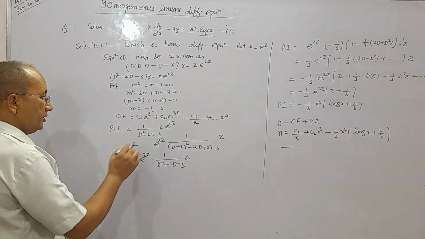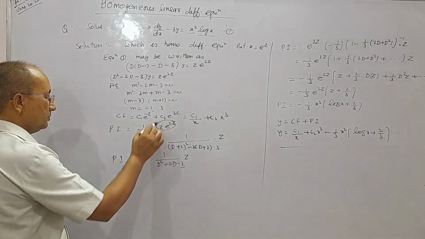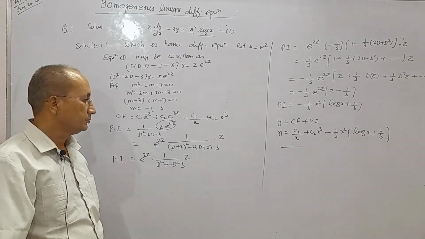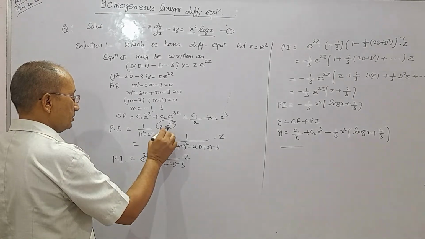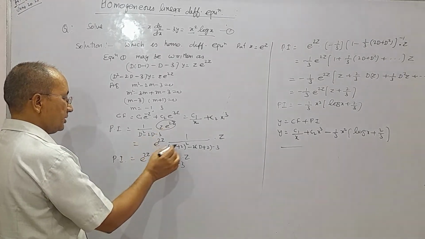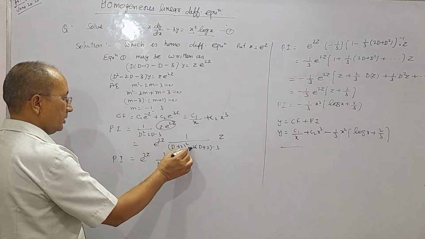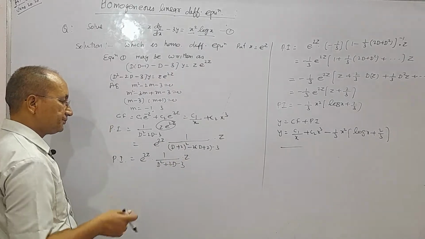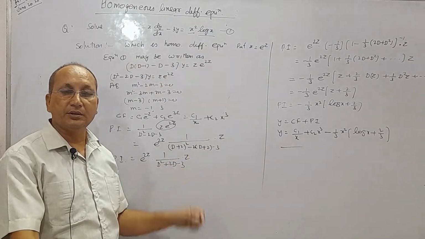PI equals 1 upon F(D) of Q, and by shifting the operator, e to the power 2z 1 upon D plus 2 whole square minus 2 into D plus 2 minus 3 into z, and solving, z is algebraic.